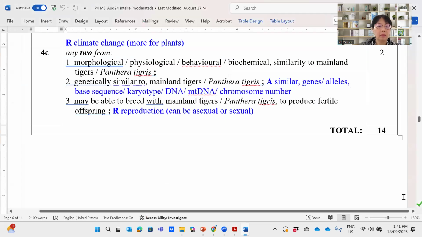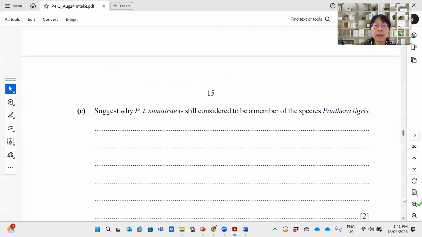Okay, right. So why is P. t. sumatrae still considered to be a member of the species Panthera tigris? Some students didn't answer this question. This is from the kingdom chapter.